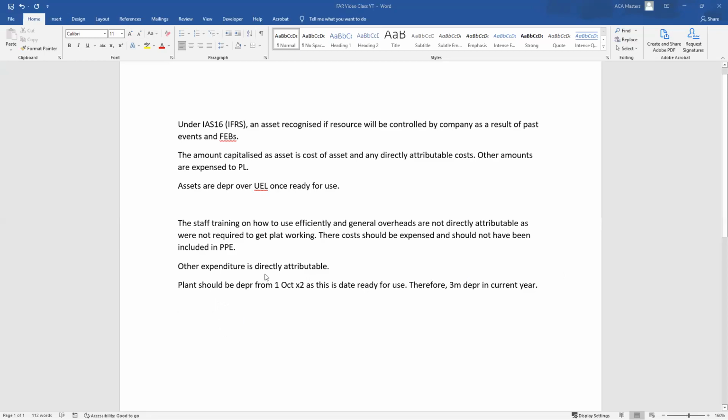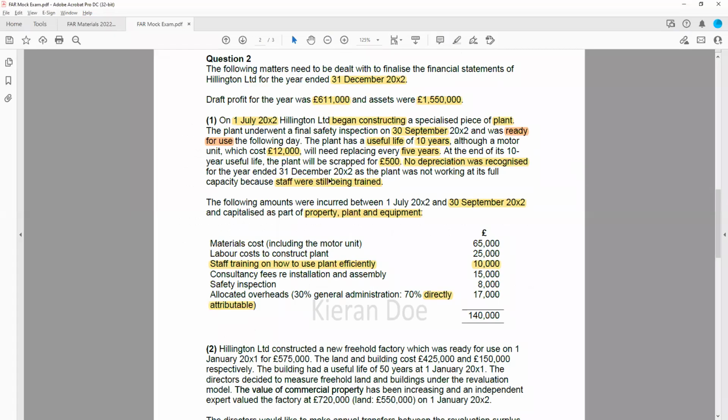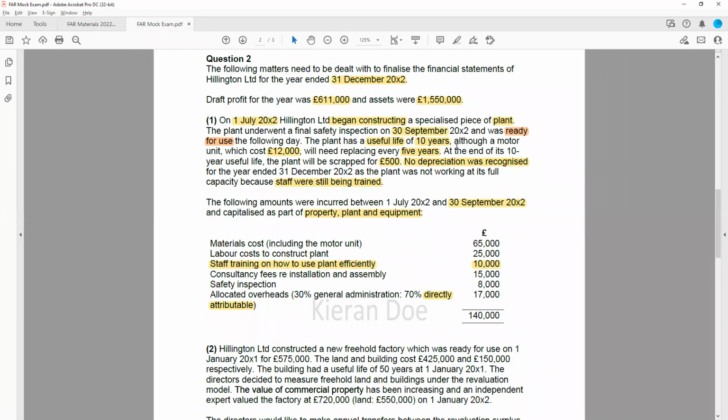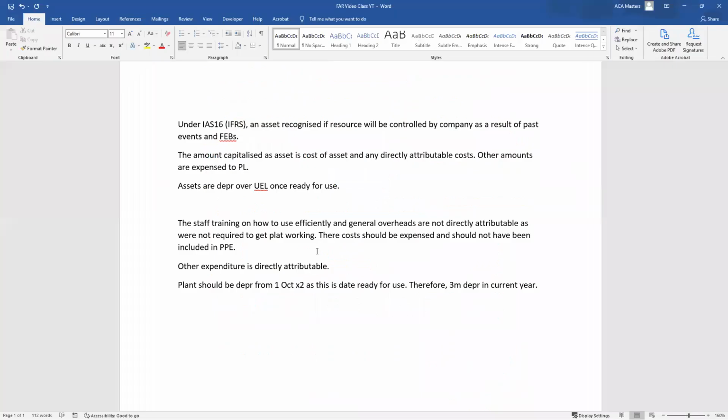So the other bit is the separate components. So we're saying here there's a separate component and that should be depreciated. So each separate component should be depreciated over its own useful life. So we can see here that the motor unit, whilst the plant has a 10-year useful life, the motor unit needs replacing every 5 years.